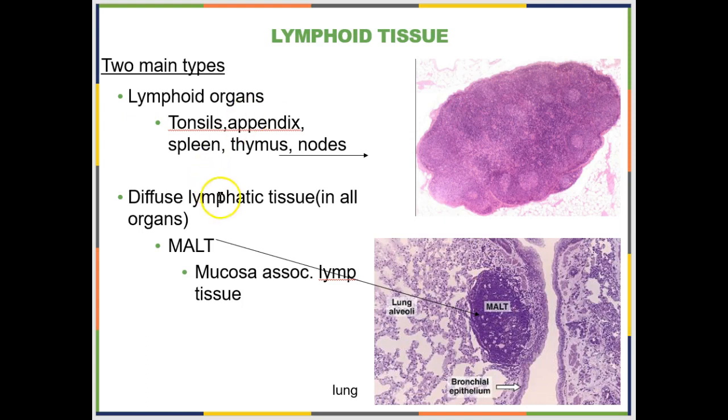Then you have what is called diffuse lymphatic tissue. The most prominent example is called MALT, mucosa-associated lymphoid tissue. Here is a little lymphoid nodule inside of somebody's lung. So it's not a separate tissue or a separate organ. It is lymphatic tissue found within another organ.